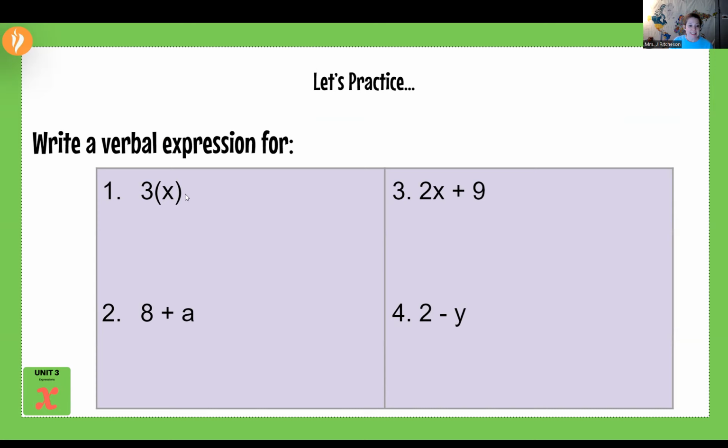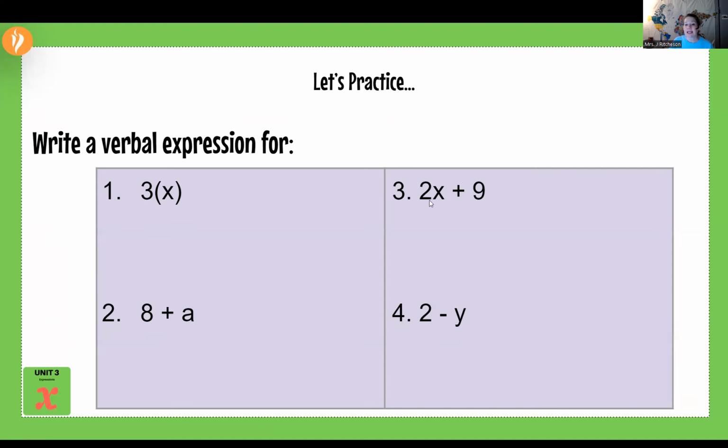All right, so I'm just going to say some of the answers. Number 1, we could say 3 times x, the product of 3 and x, or 3 multiplied by x. That's pretty basic, right? Number 2, we can simply say 8 plus a, 8 plus a number. We could say the sum of 8 and a, a more than 8, 8 increased by a, and so on and so forth.